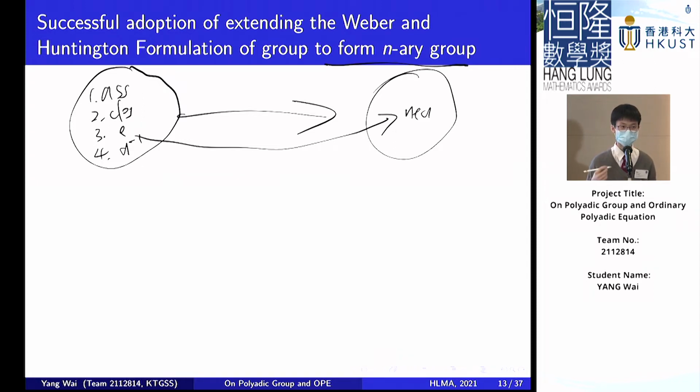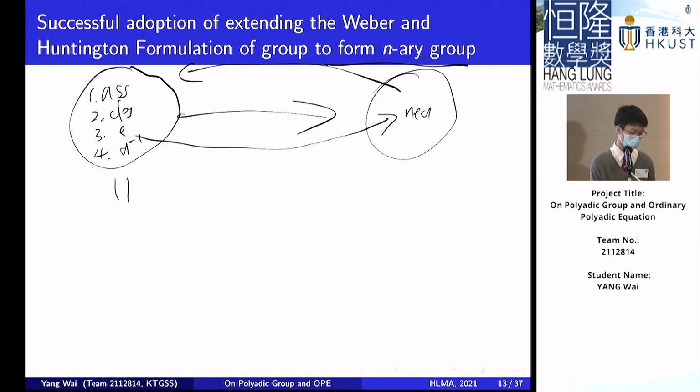However, from our theorem 18, an n-ary group containing a neutral element is reducible, so it can be reduced to the ordinary group case. In this sense, the theory of the n-ary group is equivalent to the theory of the ordinary group. So if we want to form the definition of the n-ary group like this, it is meaningless.